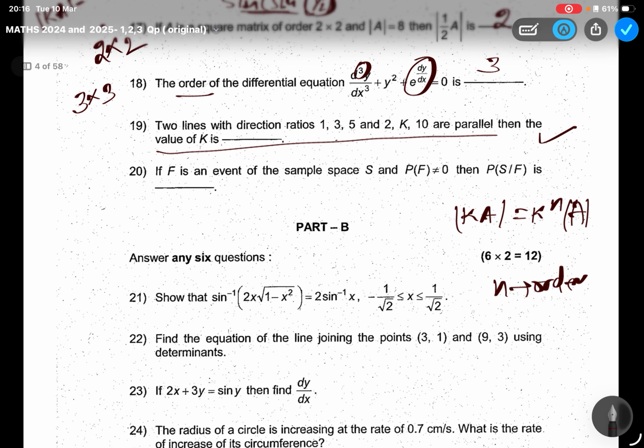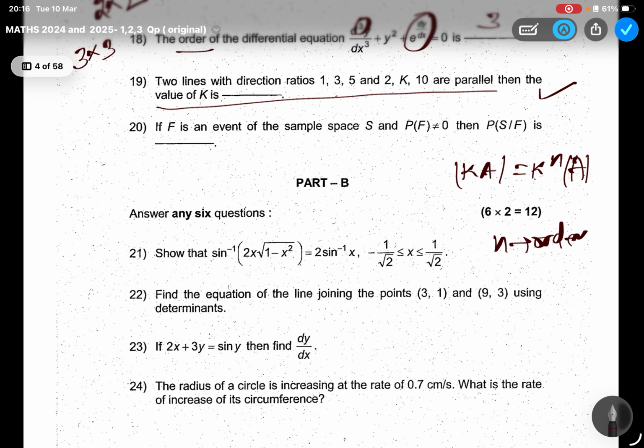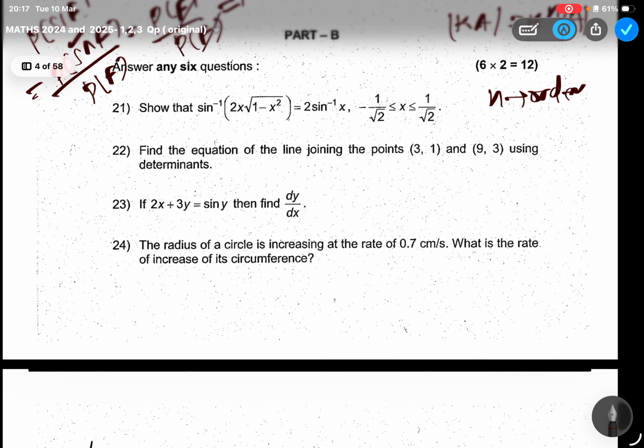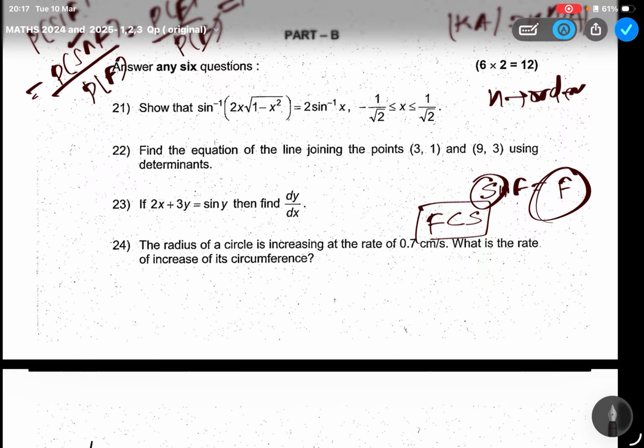If F is an event of a sample space S, P of F is not equal to 0, then probability of sample space given F is probability of S intersection F divided by probability of F. The bigger set is S only, so S intersection F, the answer will be F only, because F is a subset of S. Whatever elements are there in the set F belong to S, so the common part will be only the smaller set.